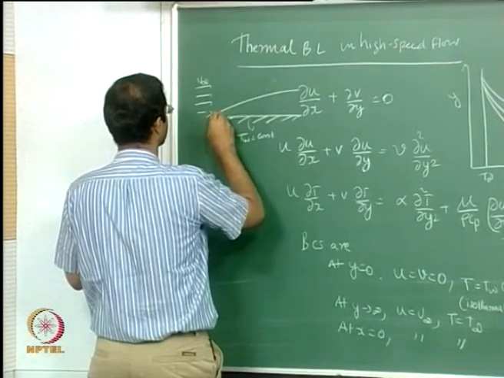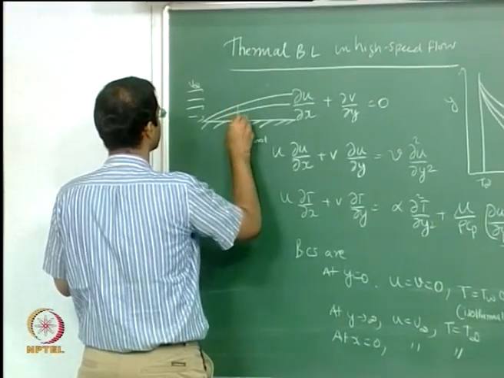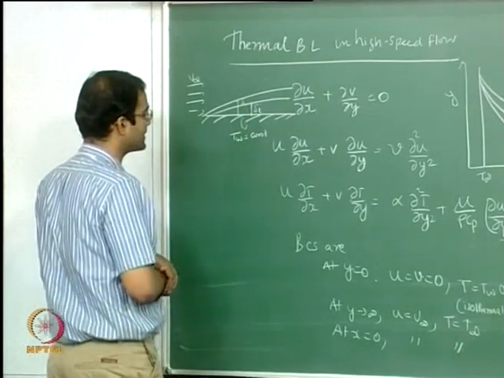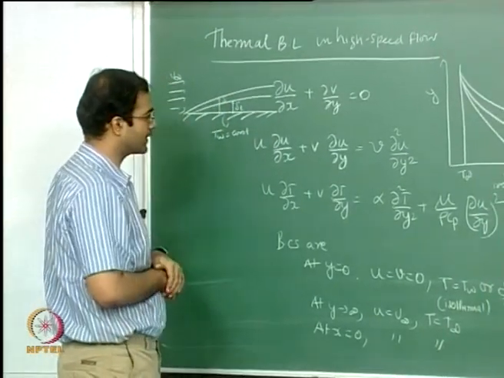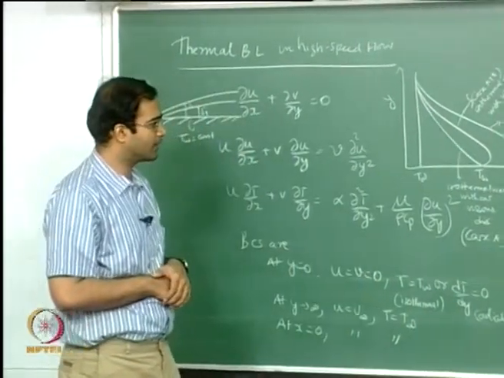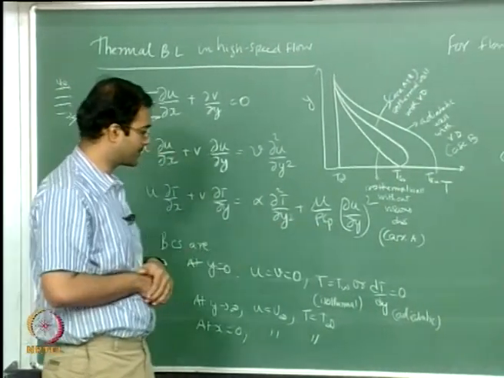You have your boundary layer development, delta and delta T. Now you are interested in what will be the effect of including the viscous dissipation with an isothermal wall.